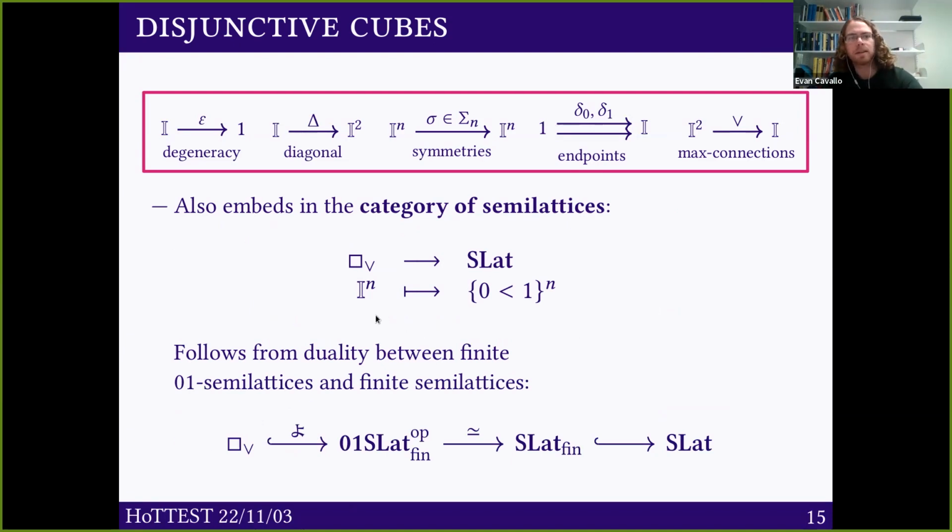And we embed the n-cube as the semilattice, which has two things in it, one of which is less than the other, to the power n. And for those who know about these kind of duality things, it will make sense to you that we can get this embedding out of a duality between bounded and non-bounded semilattices, or finite ones anyway.